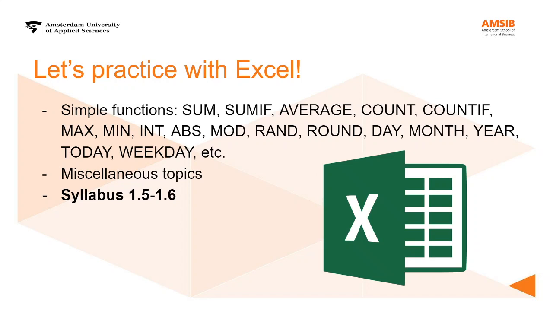The MOD function is about how to find the remainder of a number that is divided by another number. For example, if you have 22 to be divided by 7, using the function MOD will find you the remainder, which is 1.